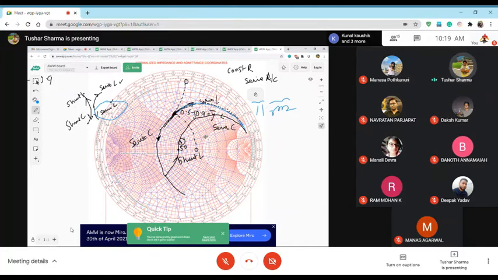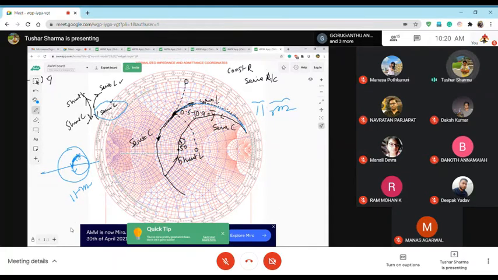As we talked earlier, on the Smith chart both series L and series C will move on a constant R circle. Series L will go this way, series C will go this way. Now the problem is, if you have a series L, you moved until here. After this, if you put another series element, you will again come back on the same circle.